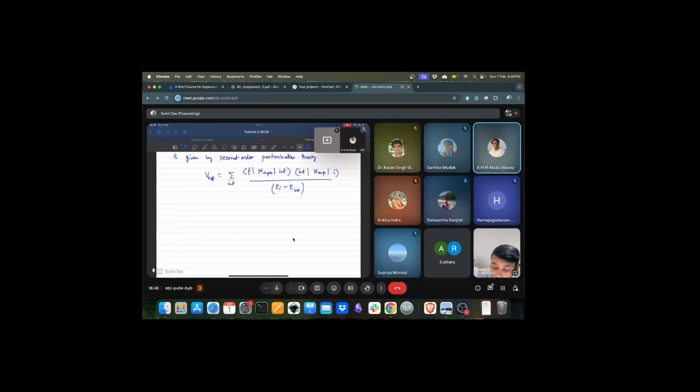I have a question. Sure. From this expression for the effective interaction, it is clear that there will be some singularity when E_i is equal to E_int, right?